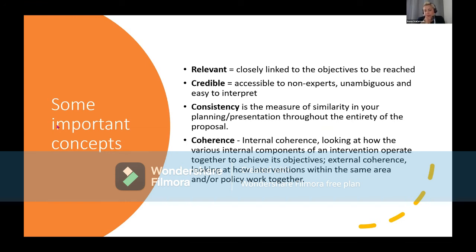Internal coherence means looking at how the various internal components of the intervention operate together to achieve the objectives, and external coherence means looking at how interventions within the same area or policy could work together. So take into account internally and externally your action, intervention and influence on the policy level.